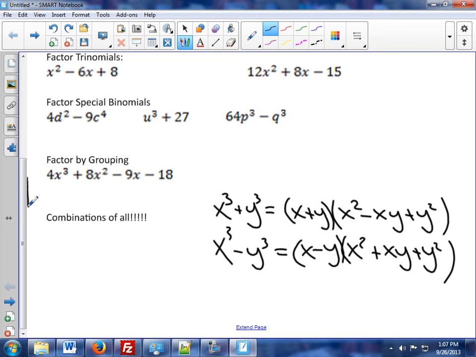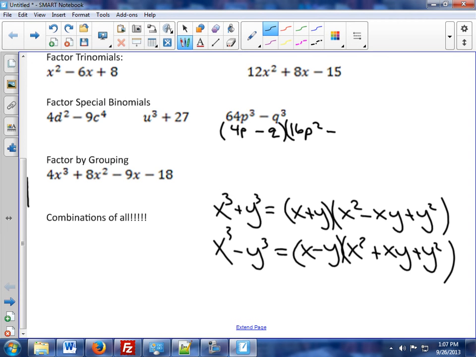The next one is the same thing. We're going to use a minus here. The cube root of 64 is 4p, and this one would be q. Because 4p times 4p times 4p is 64p cubed, and q is cubed, so we can go like this. This is going to be 16p squared minus what?